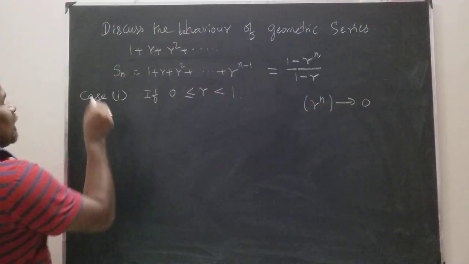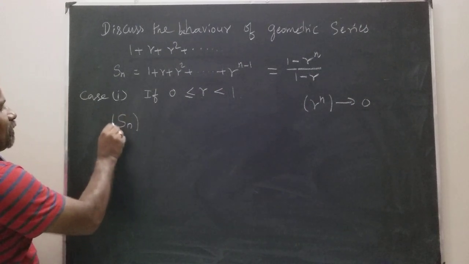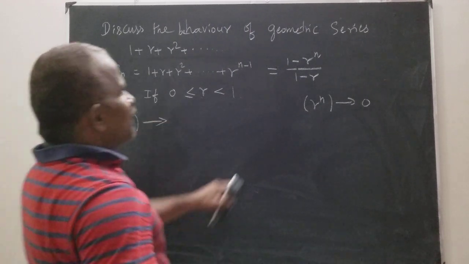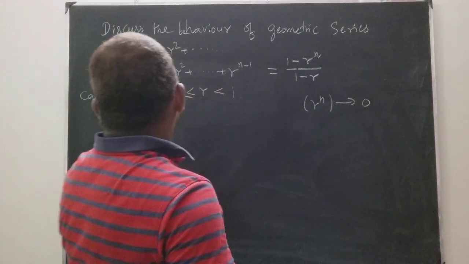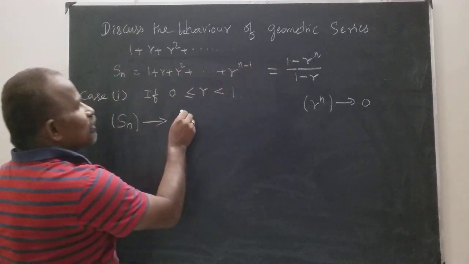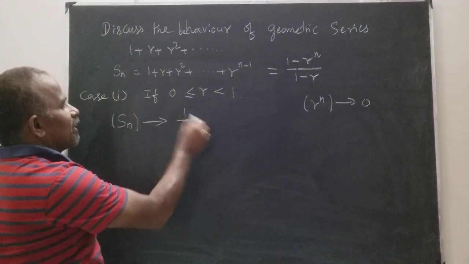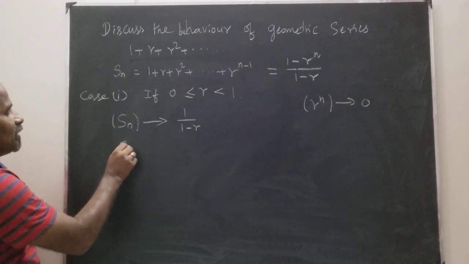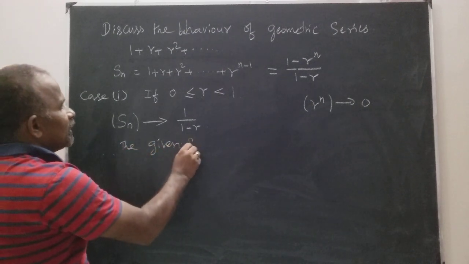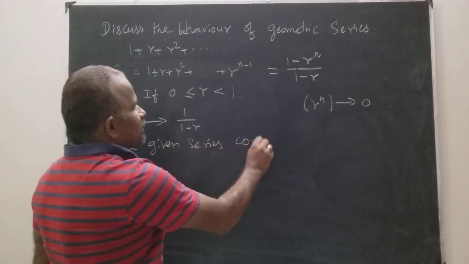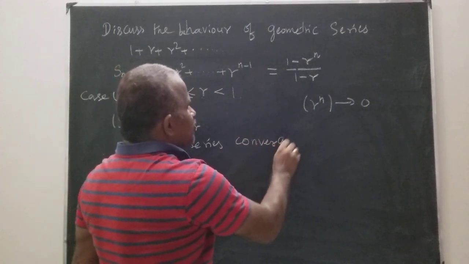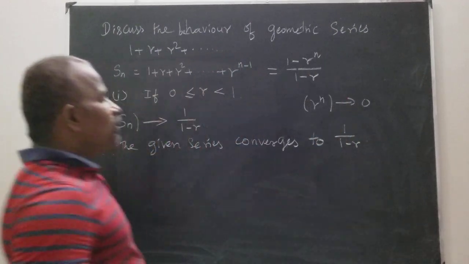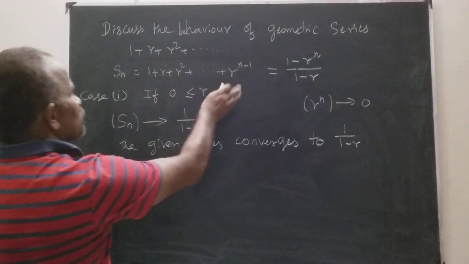So therefore, the sequence of partial sum Sn also converges, because r power n converges to 0, so therefore the sequence Sn converges to 1 by 1 minus r. Therefore, the given series converges to the sum 1 by 1 minus r. So r lies between 0 and 1.